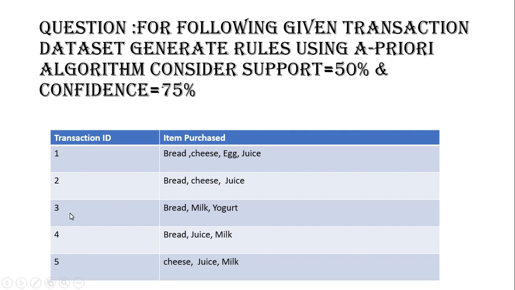In the third transaction the customer has bread, milk, yogurt. In the fourth transaction, bread, juice and milk. And in the fifth transaction we have cheese, juice and milk. So this is given in the question, and based on this database you have to apply the Apriori algorithm.